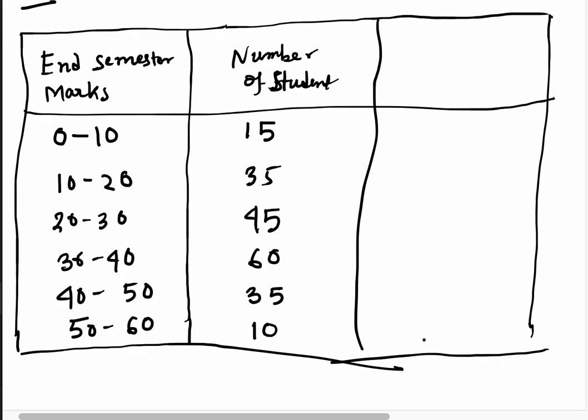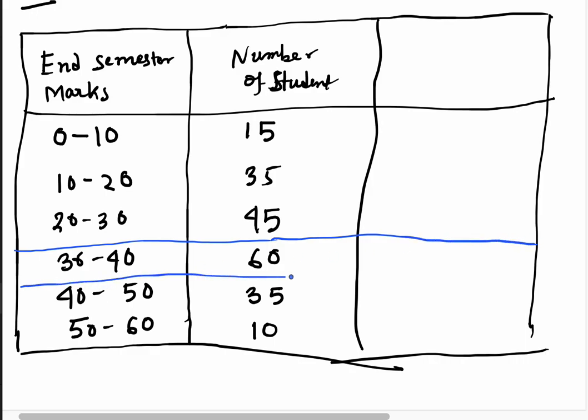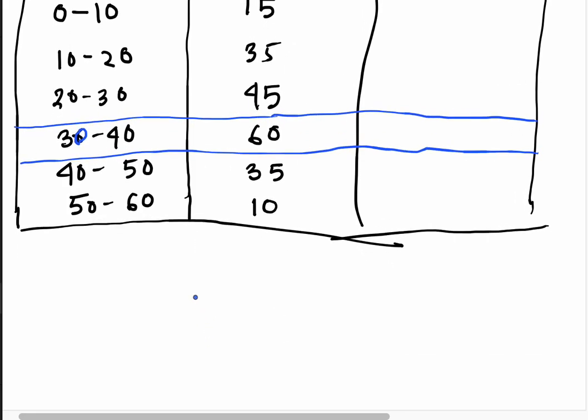Now we have to calculate the mode of this data. In which class will the mode be? That is obviously the class with the maximum frequency. What is the maximum frequency? That will obviously belong to the class between 30 to 40. So we'll now apply the formula.